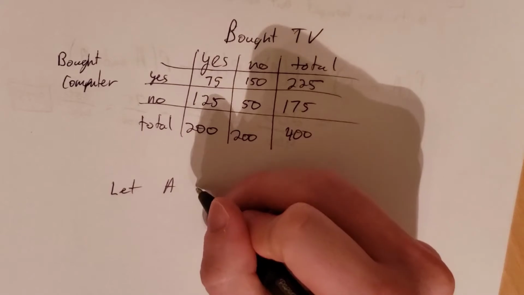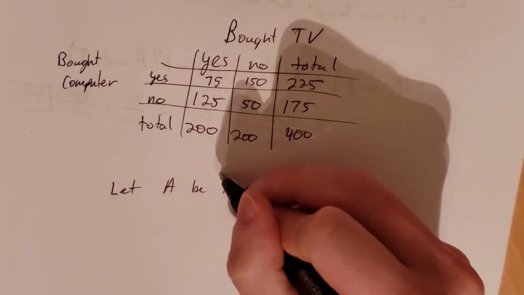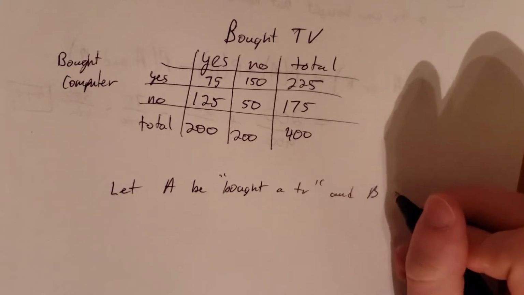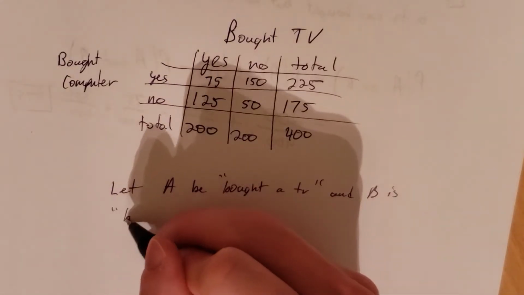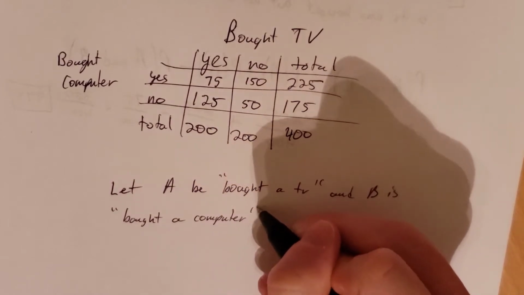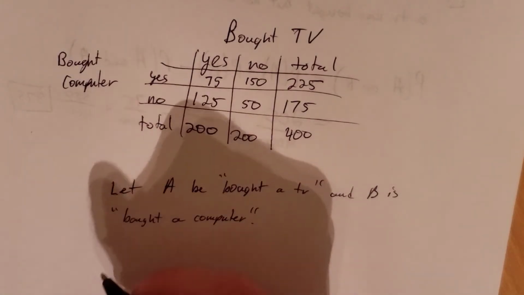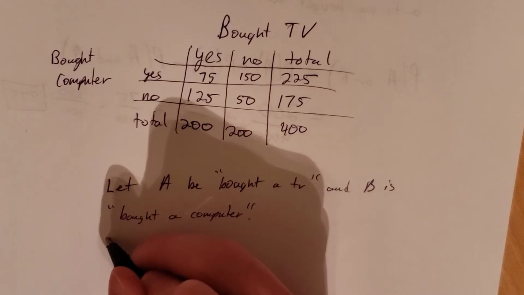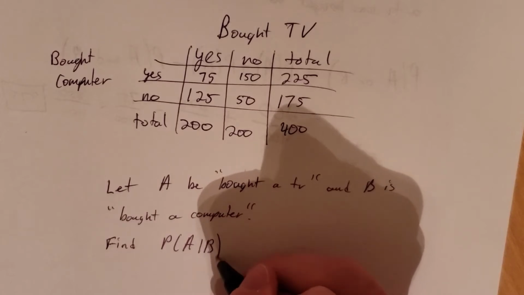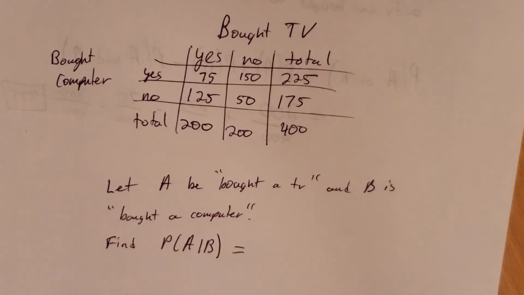Well, first, let A be bought a TV. So A is the event bought a TV, and B is the event bought a computer. And we want to determine the probability of A given B. Well, what should that be? Let's just think about what that means before we use the formula.